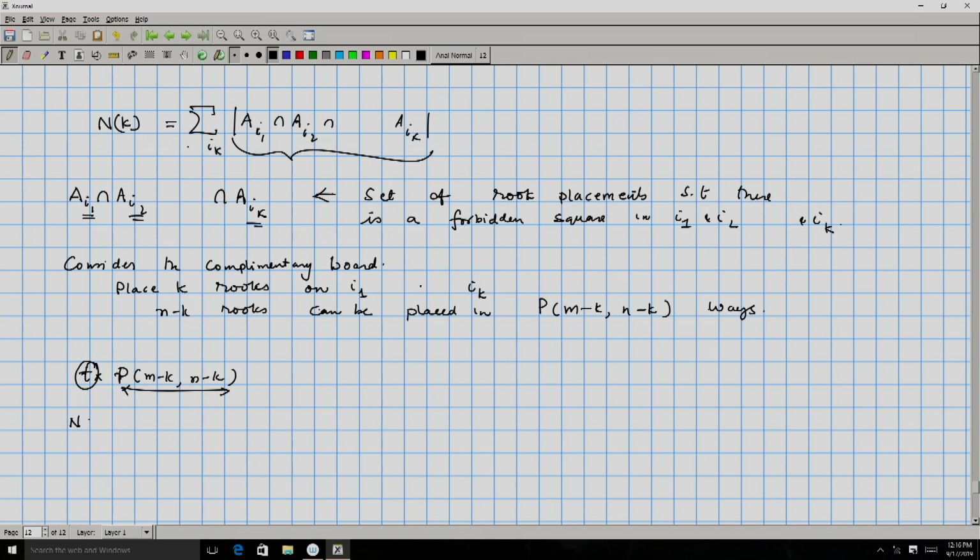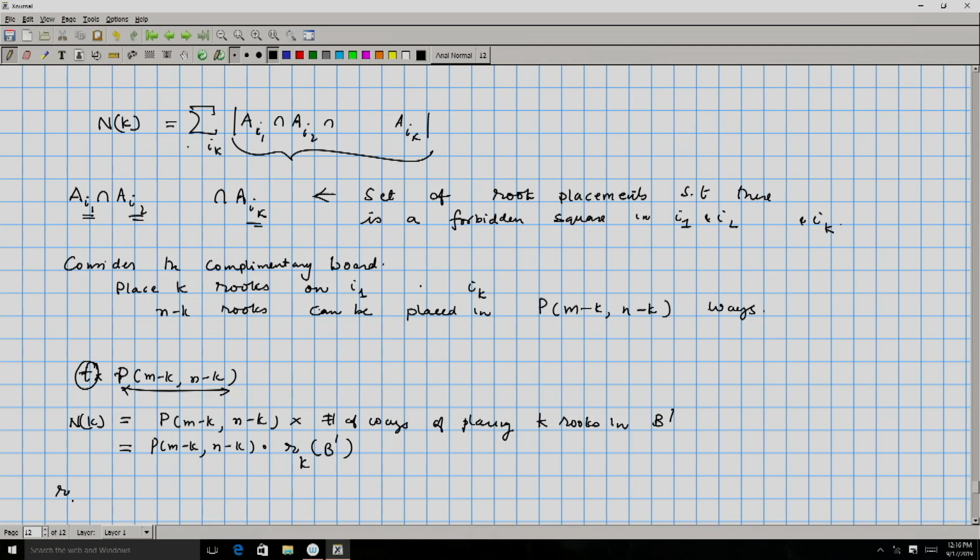So, we can write Nk as equal to P m minus k, n minus k, which is the common factor, multiplied by the total number of ways of placing k rooks in B prime. So, this is going to be equal to P m minus k, n minus k times r k B prime.